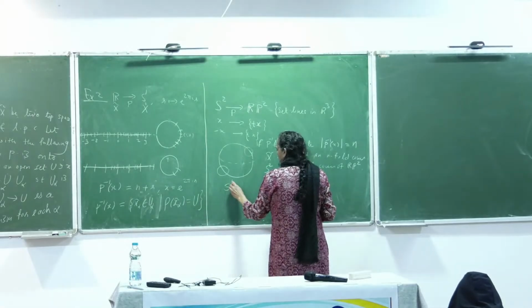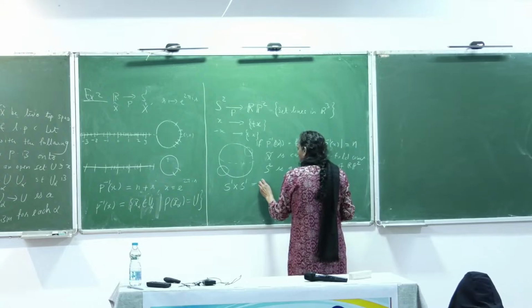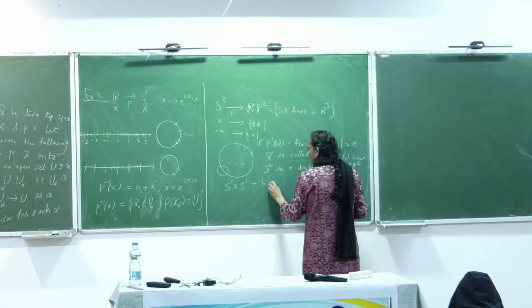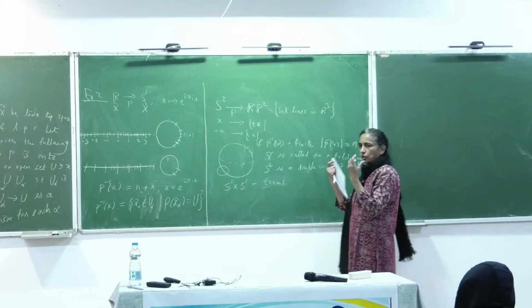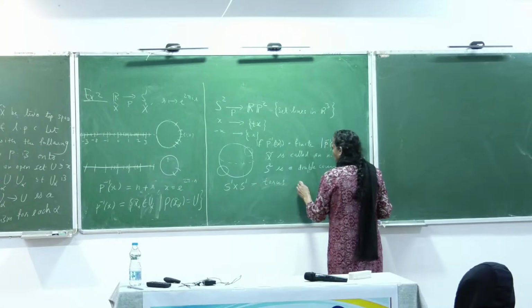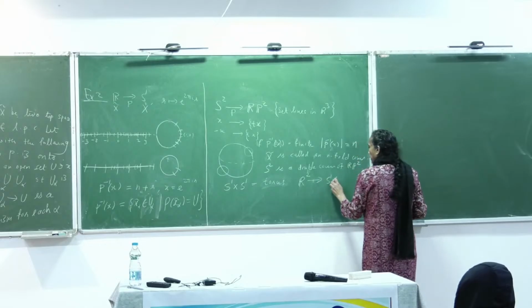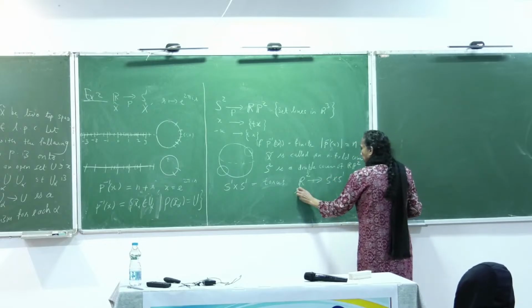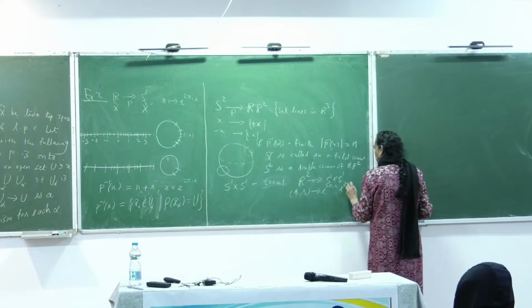You can also have what he talked about, S1 cross S1, which is the boundary of a torus, or actually just called the two-torus, which looks like the boundary of a donut, as he showed. And here you get R2 covering S1 cross S1 by (r1, r2) going to (e to the power 2 pi i r1, e to the power 2 pi i r2).